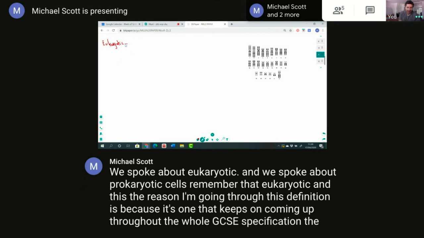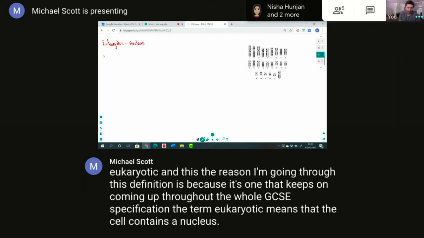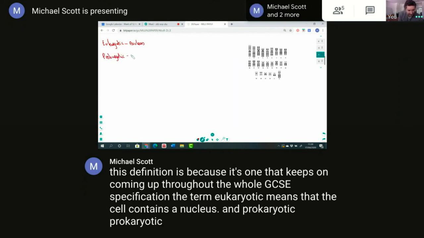The term eukaryotic means that the cell contains a nucleus, and prokaryotic just means that there is no nucleus.